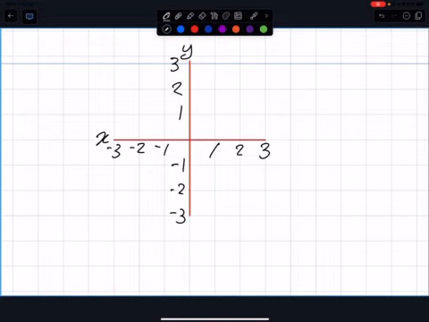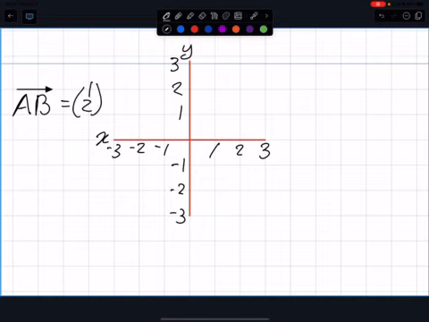Standing at the coordinate -3, 0, draw a vector AB 1, 2. This is what you should have.